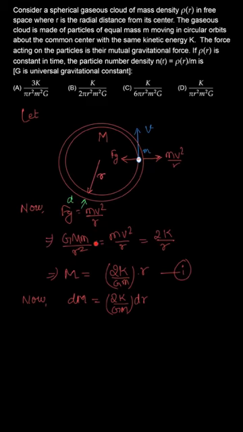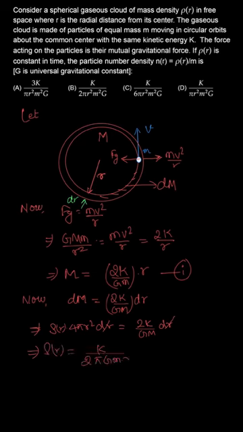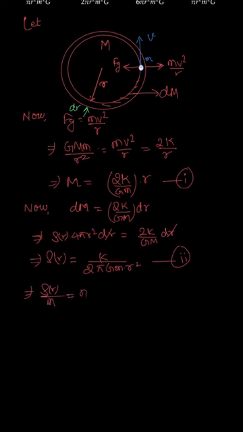This dM can be written as the density at r into the volume of this spherical shell, which is 4 pi r square into dr. Relating with the earlier formula, dr gets cancelled out, and we get the value of density with respect to r.